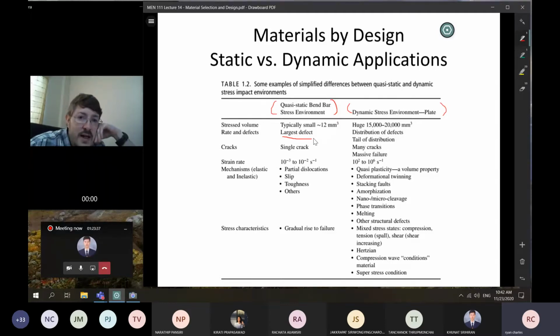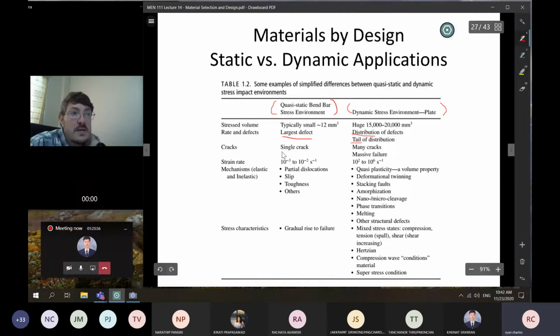In a dynamic event, there's a whole lot of flaws, and they can fail simultaneously. So it's not just the biggest one. There's a distribution. Maybe it's the tail, the very, very largest defects, and there's more than one. So statically, you have one crack. You break a dog bone, you get basically one failure surface. Dynamically, a lot of failure surfaces.